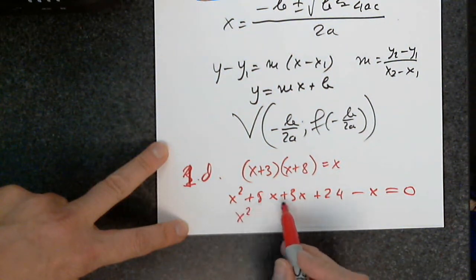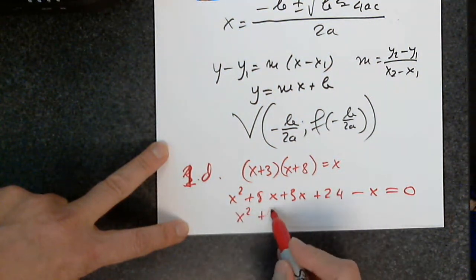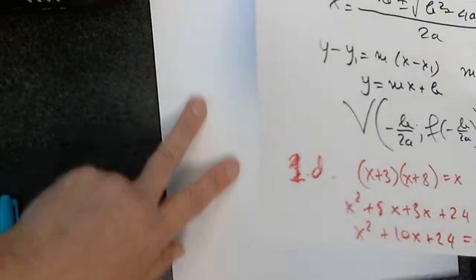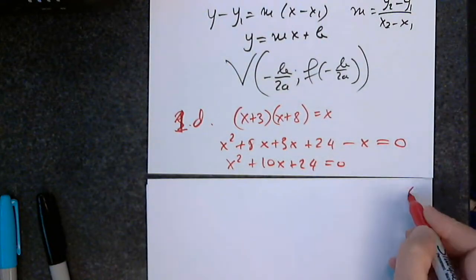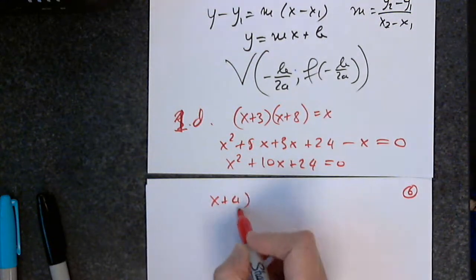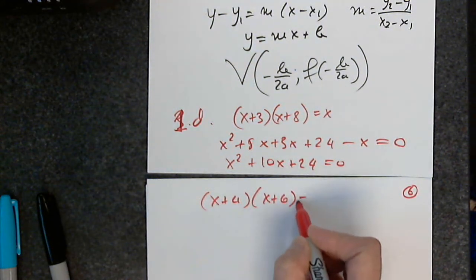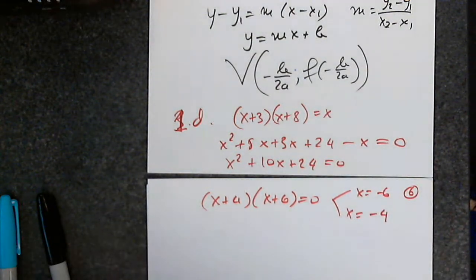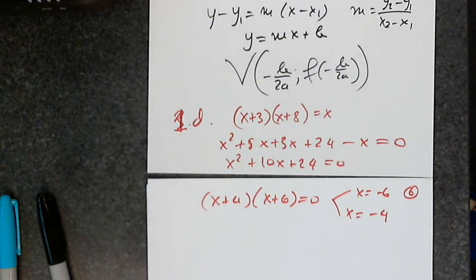So this is x squared, 11 minus 1 is plus 10x, and plus 24. Right? So this is (x plus 4)(x plus 6). So the solutions are -6 and -4. I was initially doing that, but I didn't trust it. Okay, well, we all doubt ourselves at some point in time with different things.